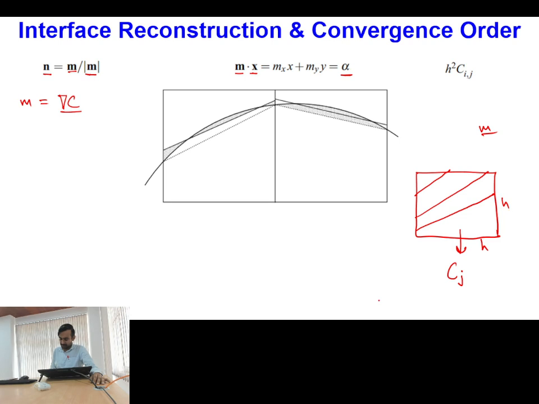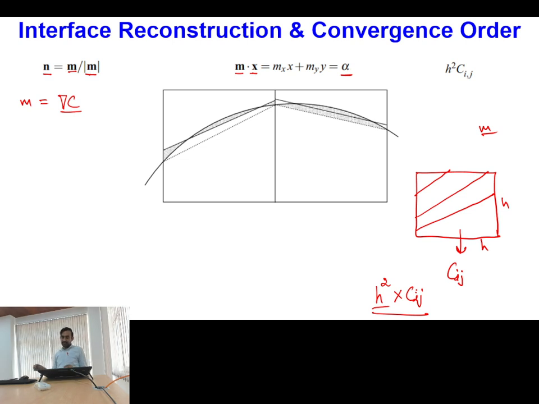If this is a two-dimensional cell, then the volume of the cell will be h square, and when h square is multiplied with Cij, in a two-dimensional system, the fraction of the reference phase, it will give me the volume or equivalent area which is occupied by the reference phase in this particular cell.